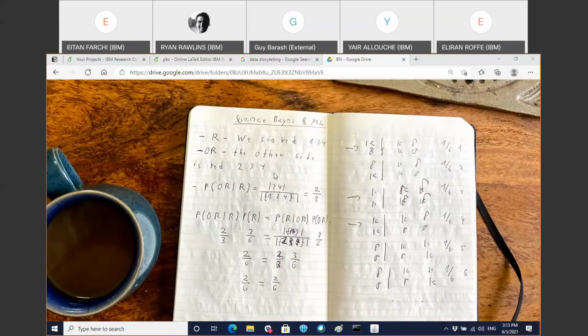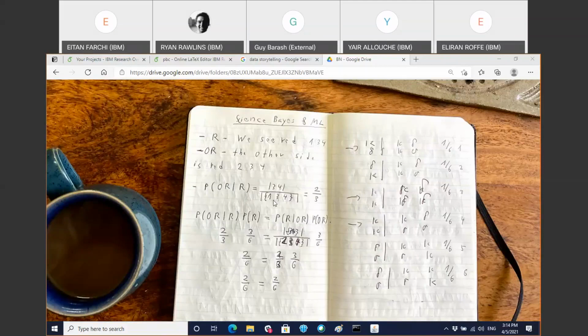Okay, so let's see what's the probability of, given that we see a red at the top, the other side is red. And let's do it by enumeration first. So I don't want to use Bayes' rule yet. I want to just do it by enumeration.